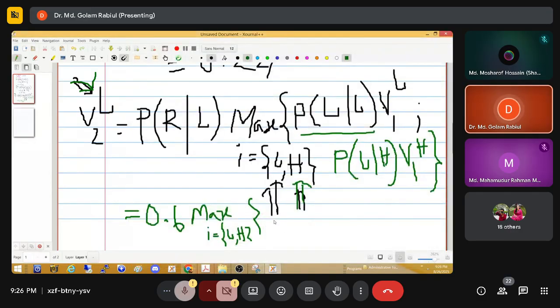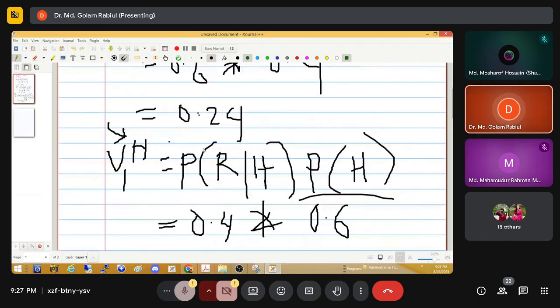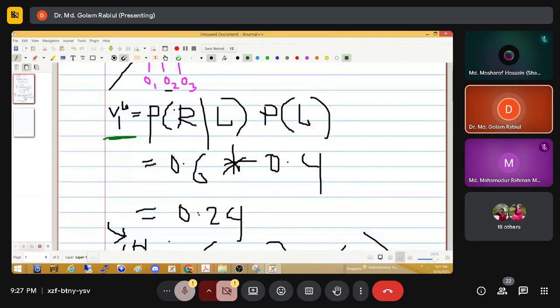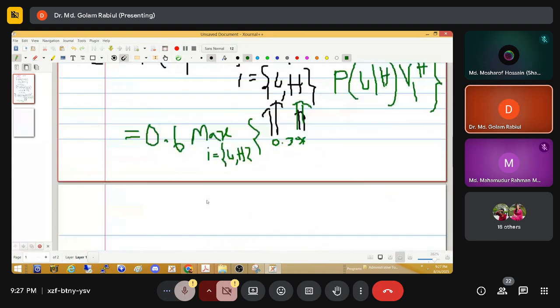So this is 0.3, and V1L. What's the value of V1L? V1L is 0.24. So 0.24 for this one.